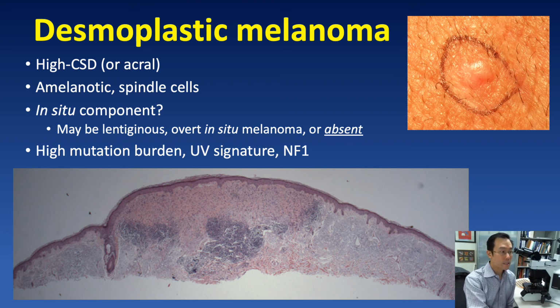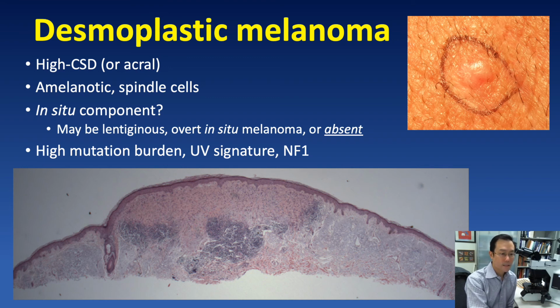Desmoplastic melanoma clinically occurs on high cumulative sun damage areas, but remember that sometimes the invasive component of acral melanoma can be desmoplastic. The tumors themselves at the molecular level are also unique, characterized by high mutation burden, UV signature mutations, at least for the head and neck tumors, and uniquely loss of function mutations of NF1 in more than half the cases, typically present in combination with a variety of possible activating mutations involving the MAP kinase pathway.